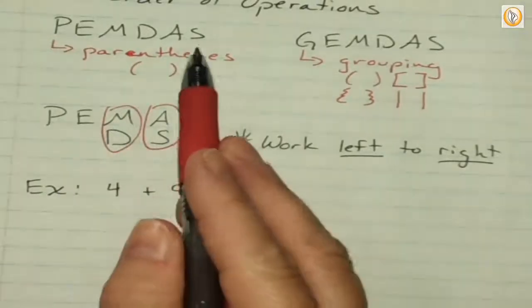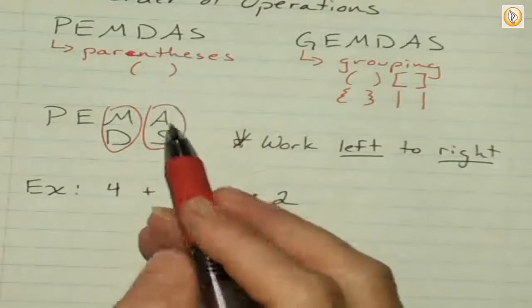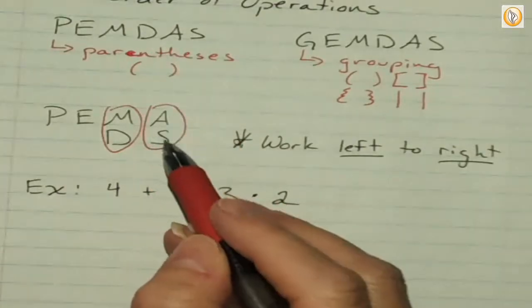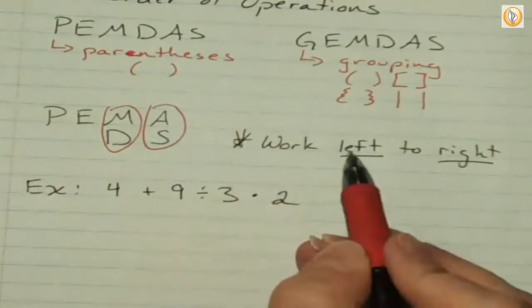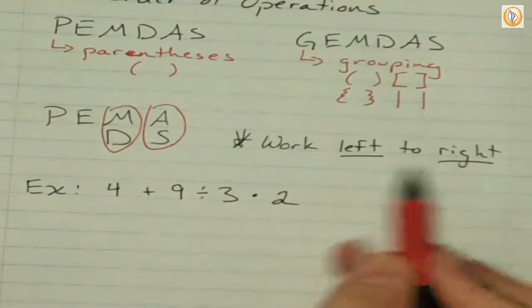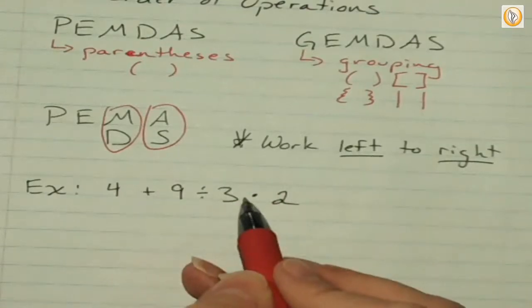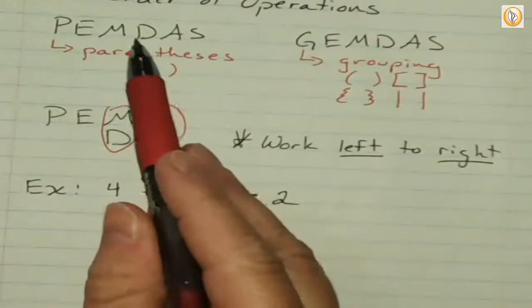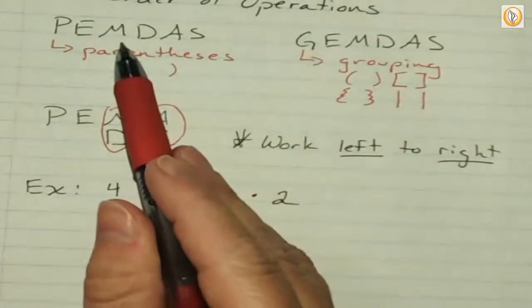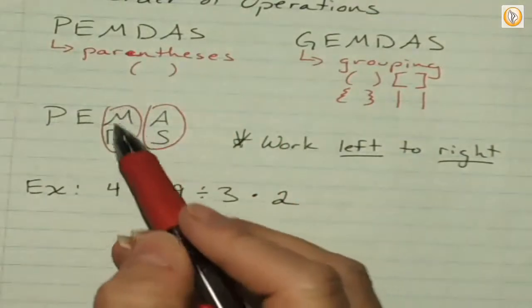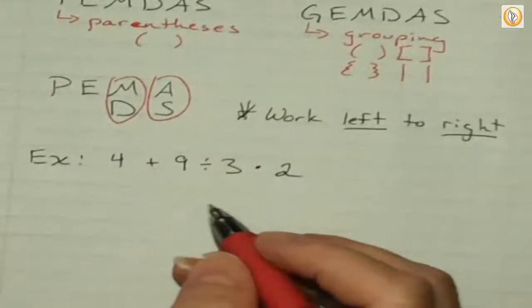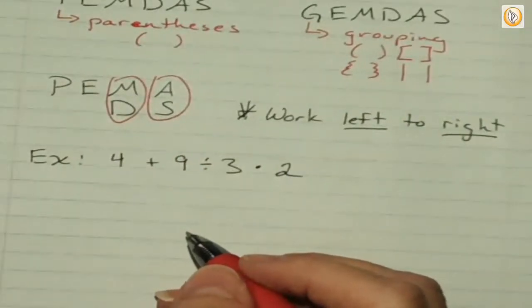Same as adding and subtracting. Just because the A comes first does not mean it's before subtracting. You work left to right. So if I have a plus, a division, and multiplication, just because in PEMDAS and GEMDAS the M comes first, they have equal billing and you work left to right. So which one would I do first then?